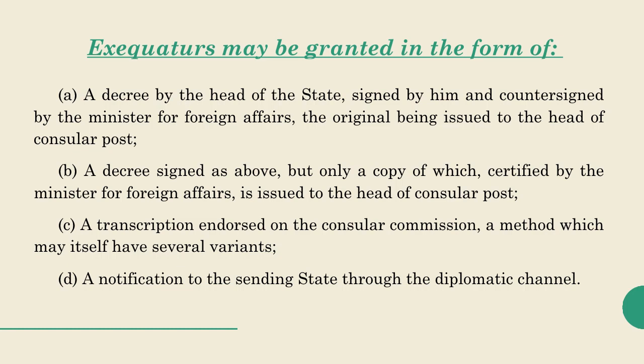Second is a decree signed as above, but only a copy of which, certified by the Minister for Foreign Affairs, is issued to the head of consular post. The third is a transcription endorsed on the consular commission, a method which may itself have several variants. And the last is a notification to the sending state through the diplomatic channel.